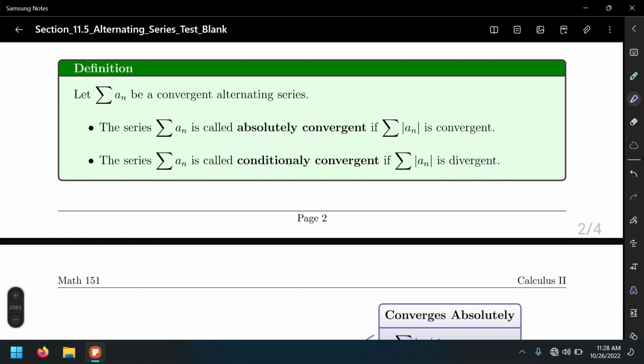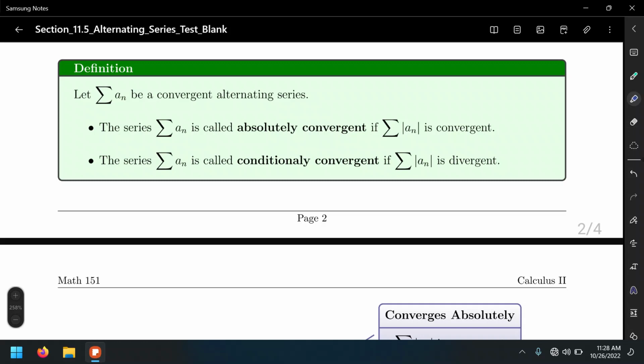However, if the new series that we obtain after taking the absolute value happens to diverge, the original alternating series will not diverge, it will converge, but conditionally. Why conditionally? Well, it's conditioned to converge only in its alternating form, but not in its absolute form.